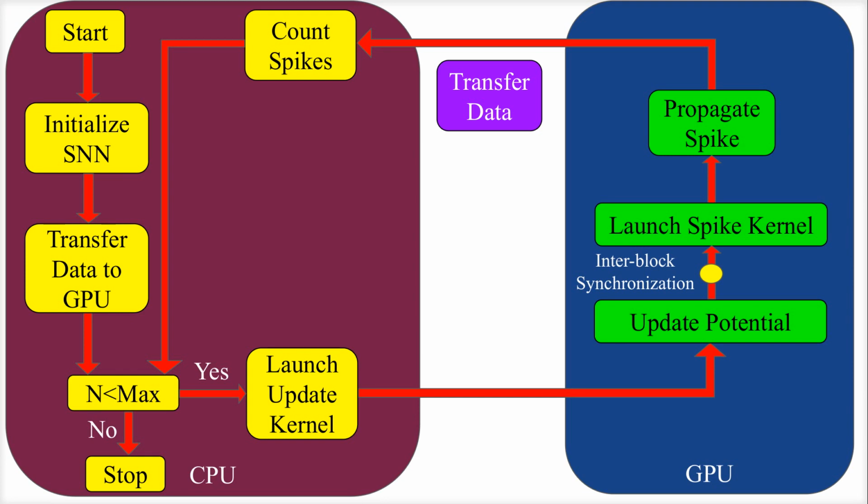Now the launching of a spike happens on the GPU side, but we need an interblock GPU synchronization to validate the data between different threads. Here the intermediate communications, which were happening for launching a spiking kernel, have been reduced by some percentage.